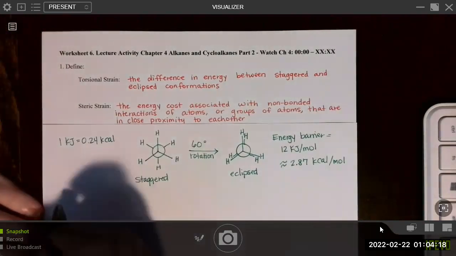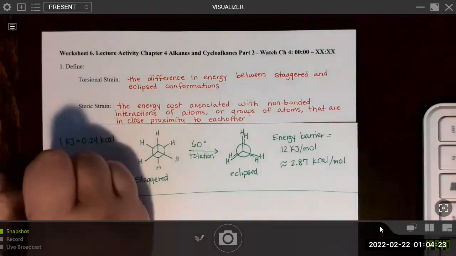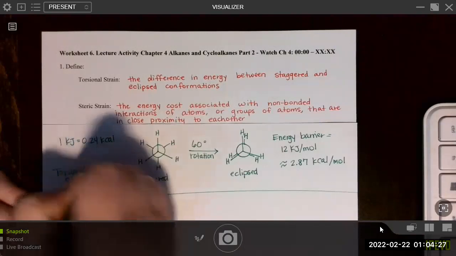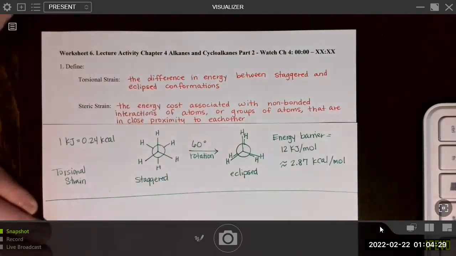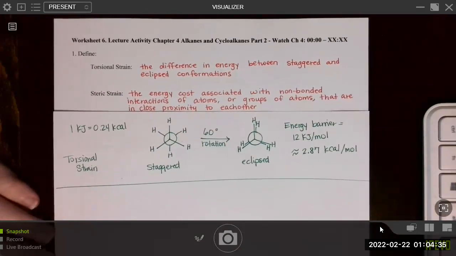Okay, let's talk about steric strain, though. Make a little note here that we're giving an example of torsional strain. And then we'll talk about steric strain. So the steric strain I defined as the energy cost associated with non-bonded interactions of atoms or groups of atoms that are in close proximity to each other.